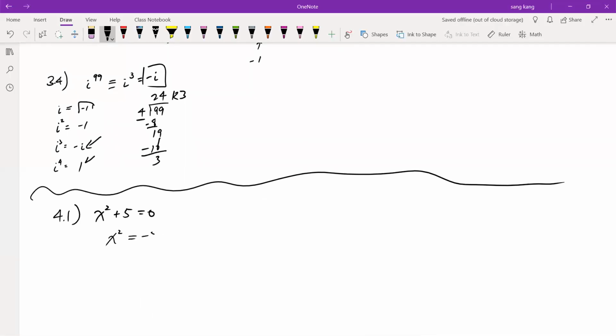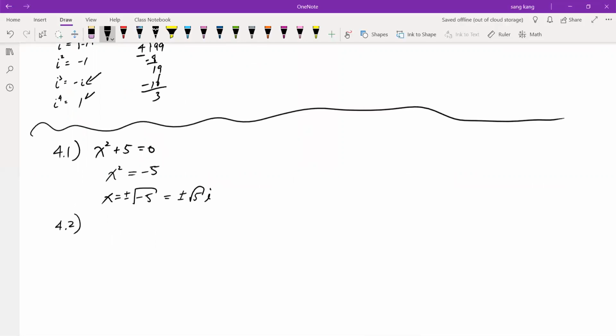Now that we're dealing with imaginary numbers, we're able to take the square root of negative numbers. Actually, I should have a plus or minus here, and then a minus inside of the square root. So it should be plus or minus root 5 i, okay?